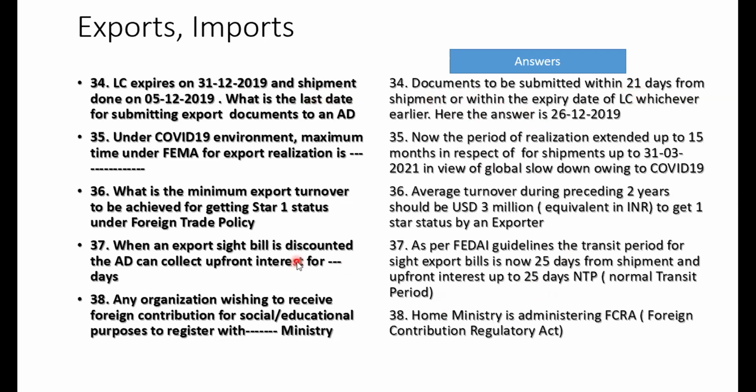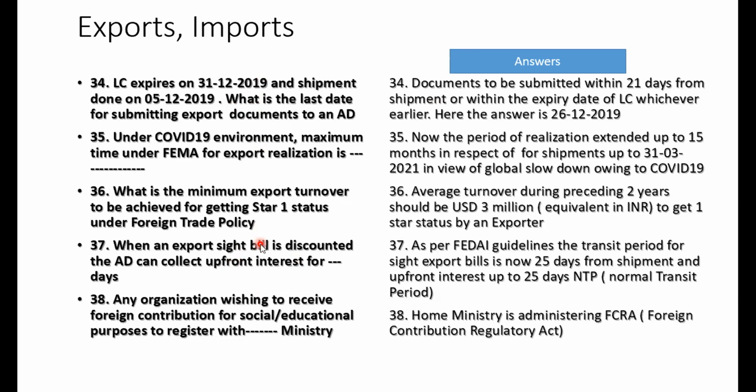Now this question is different. He has submitted, as per question 34. But the bill submitted is a sight bill. Now today he has submitted. Now the banker goes through the bill. The bill is a sight bill.